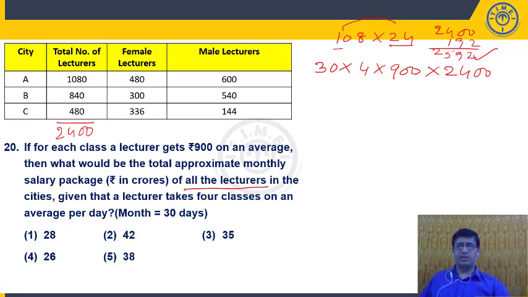How many zeros here? 5 zeros. So what is the result? 2592, 5 zeros means 25 crores 92,000. So approximately it is 26 crores of rupees. Right choice is option number 4.